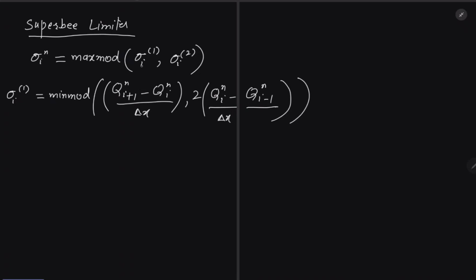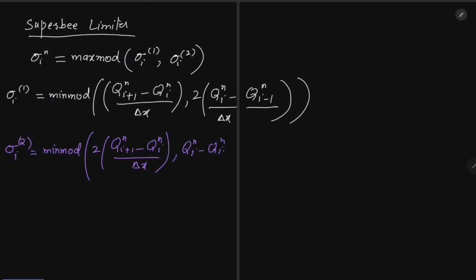So this is sigma 1 I, and the other one, sigma 2 I, will be equal to minmod of Q n I plus 1 minus Q n I divided by delta x, and 2 times Q n I minus Q n I minus 1 divided by delta x. So this is the Superbee limiter.